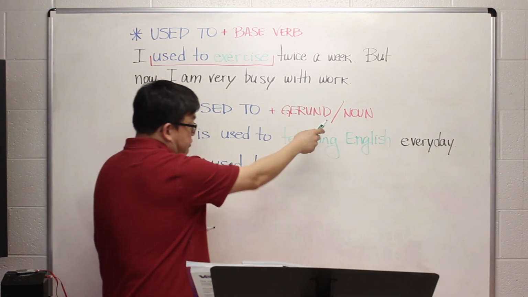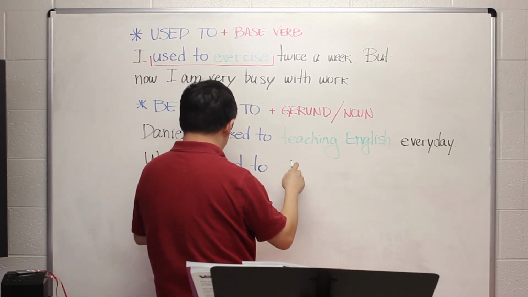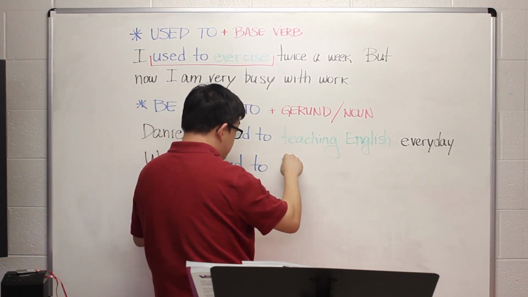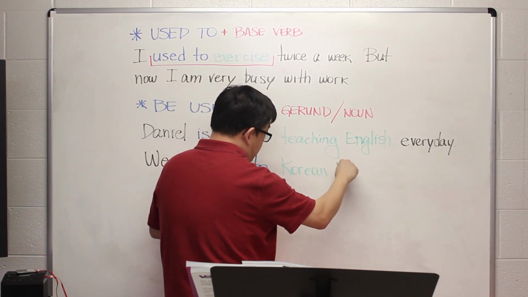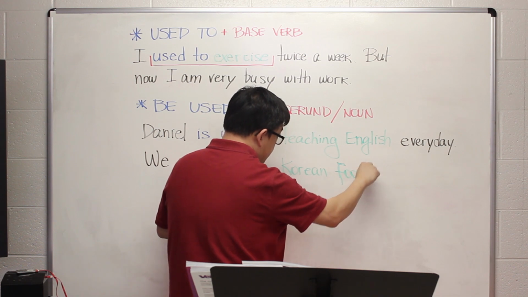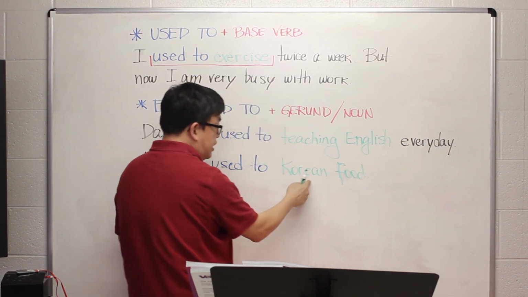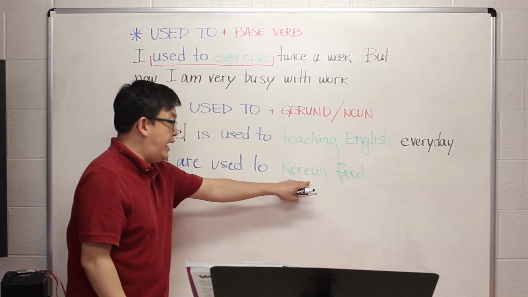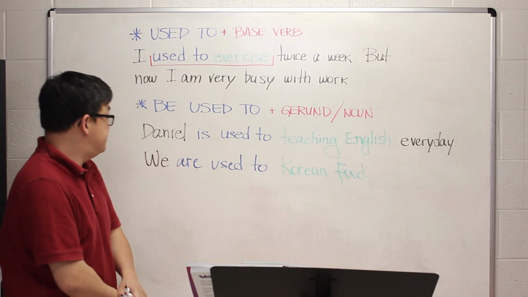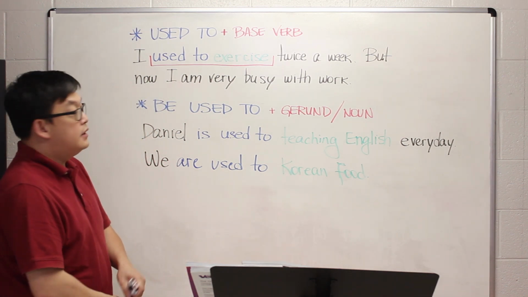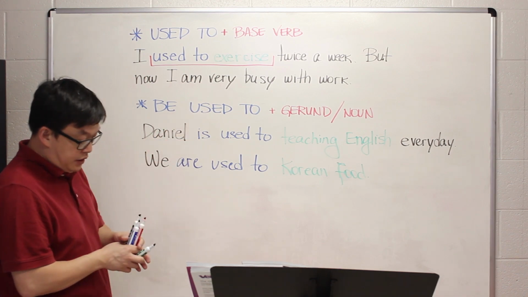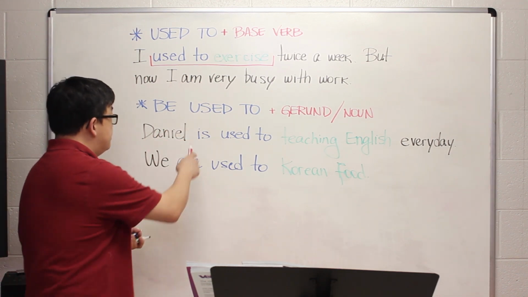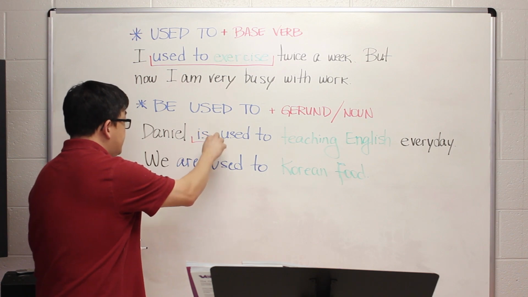I can use a noun too. For example, we are used to Korean food. The noun is this, but you can come to with an adjective too. That's fine. Okay? So you have to pay attention. And you have to remember the difference is this verb to be here. Okay?